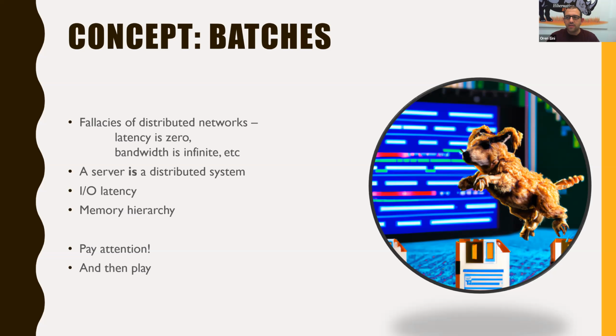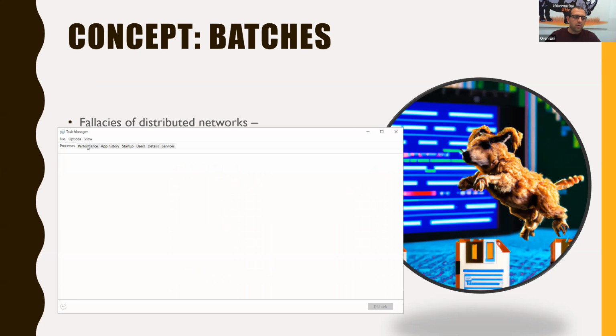And why is that? Because the way that they are designing the system doesn't match the reality of how it works. And then you realize that if you talk about a single system, a server, it is also a distributed system.